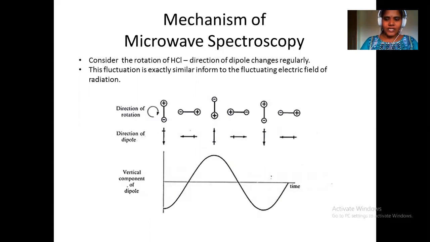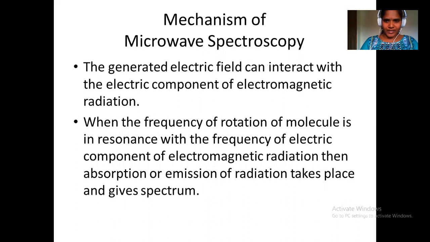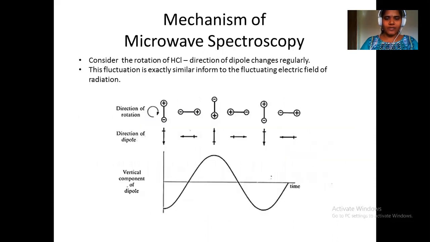The major criterion for microwave spectroscopy is that the molecule should have charge separation, a dipole, meaning it should be a polar molecule like HCl. If you take a homodiatomic molecule like hydrogen or nitrogen, we don't have any charge separation for them, so there is no dipole moment.